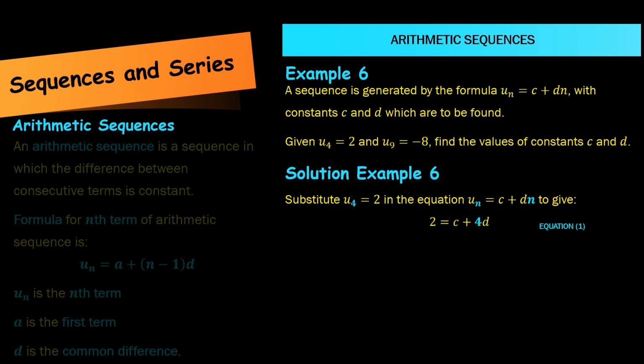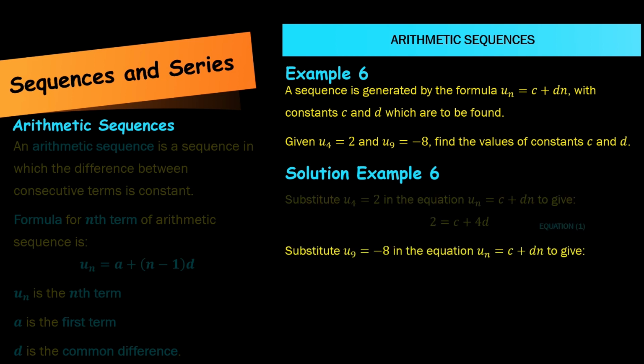We're going to call this equation 1. Similarly, we're going to substitute u subscript 9 equals minus 8 into the equation for u subscript n to give us minus 8 equals c plus 9 times d, where n is equal to 9.